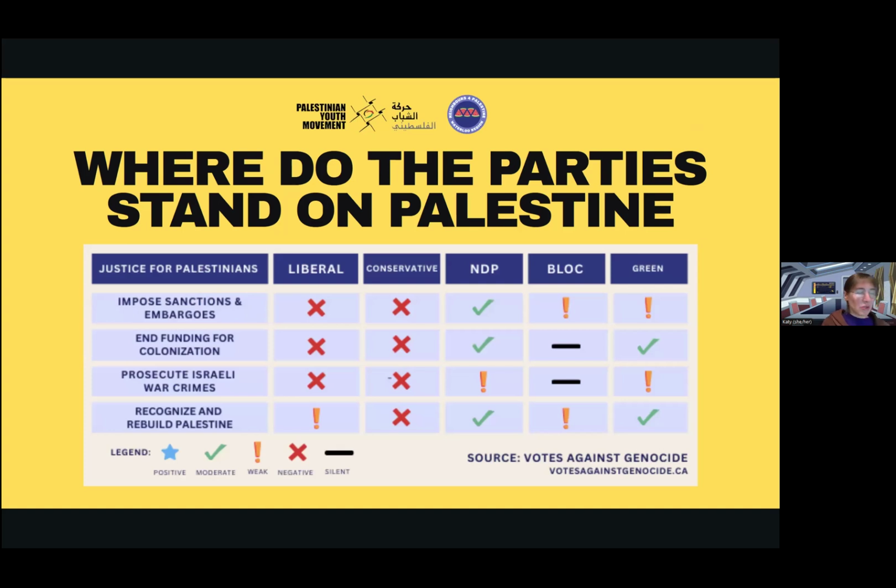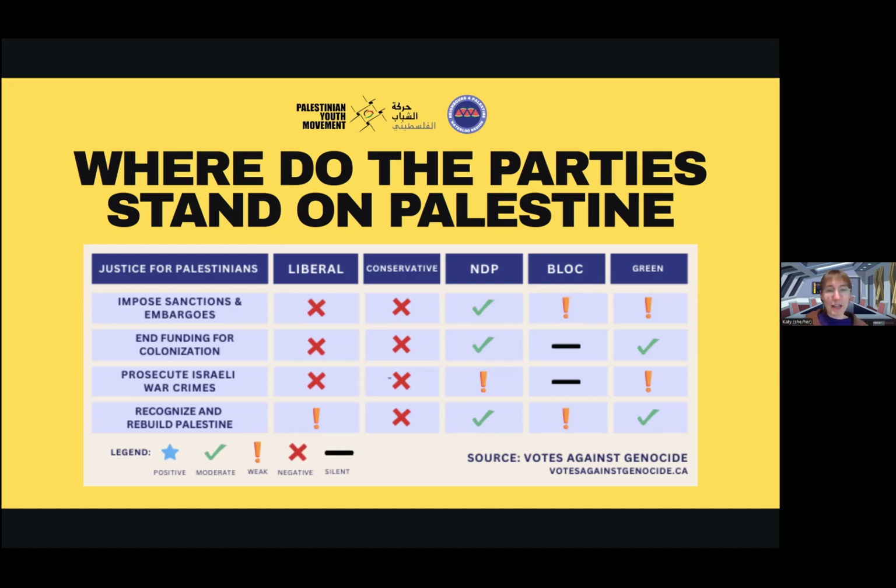Okay. So this is a nonpartisan campaign, which means that we're not endorsing any candidates, but the scorecards are designed to share information so that people understand where candidates stand on issues relevant to Palestinian liberation, and they can then use this information to help them make their voting decisions.